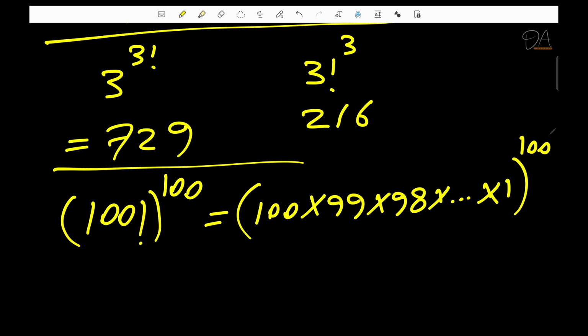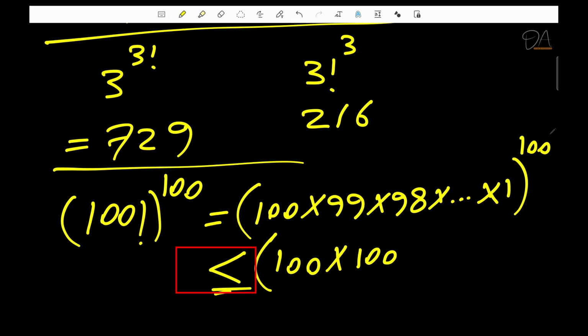So one way to get 100 is to notice that I can replace the 99 with 100. 99 is less than 100, so notice that I'm now using less than. And similarly, 98 is definitely less than 100, and so on. And the 1 is also less than 100.